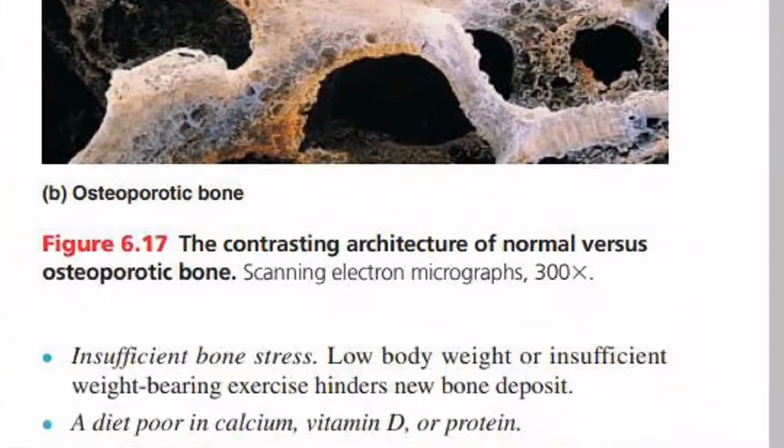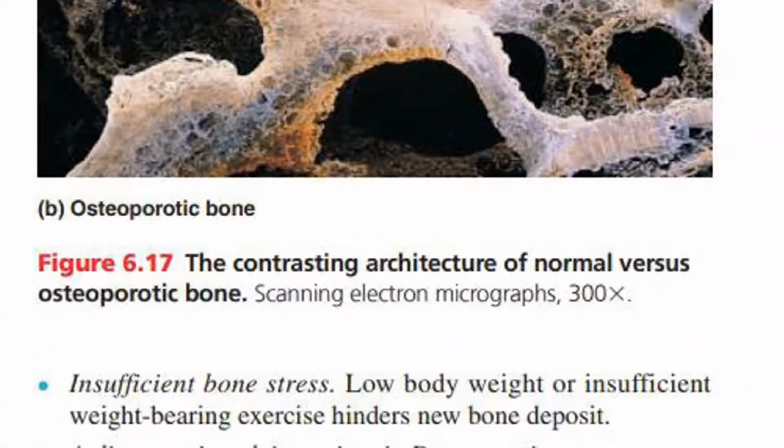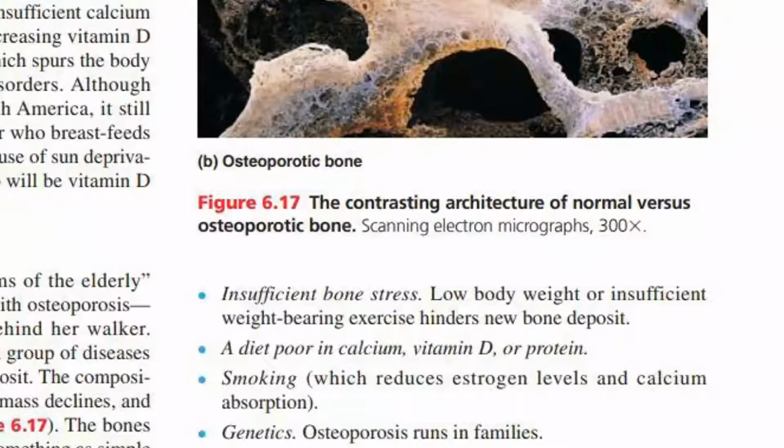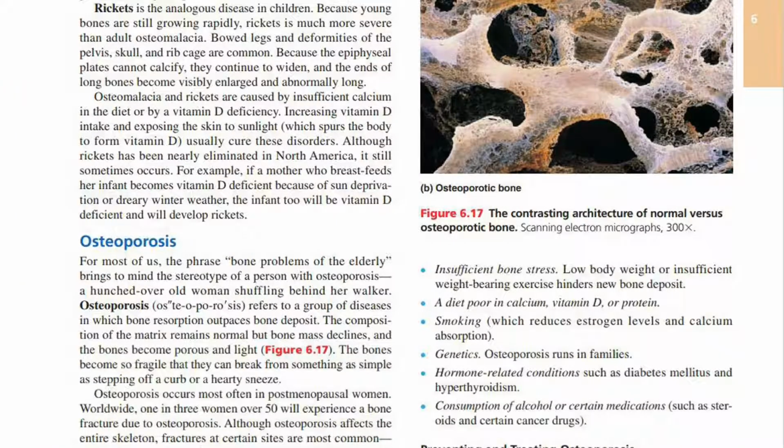Figure 6.17 shows the contrasting architecture of normal versus osteoporotic bone. In figures A and B we see the comparison, and this is a micrograph taken by a scanning electron microscope at 300x magnification.